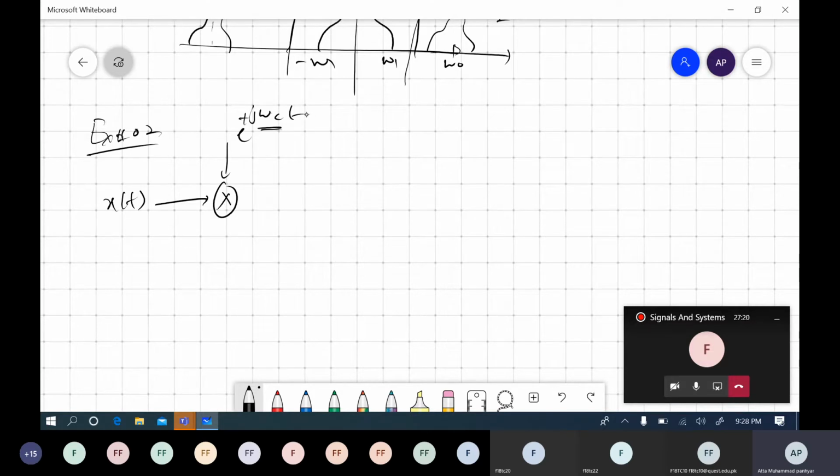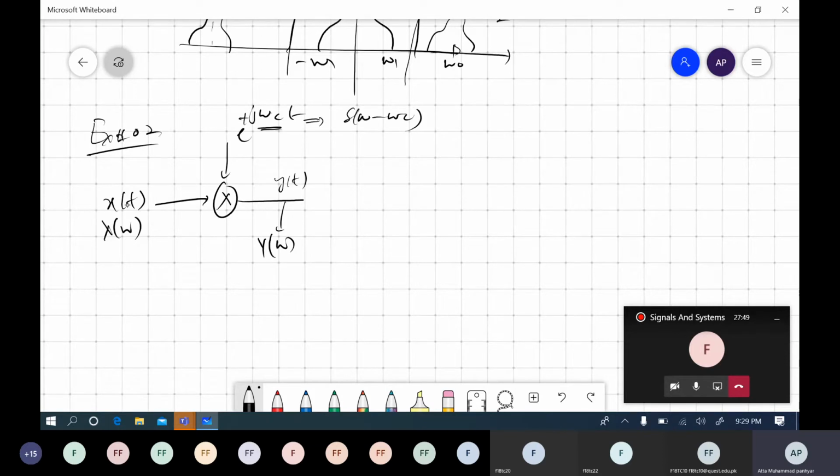If you write its frequency spectrum, it must be equal to delta of omega minus omega c, right? Now we don't want to compute it again and again. So this high frequency carrier is multiplied with the signal, and we calculated the output signal, for example y of t, and we can write it as y of omega, right? And this is x of omega.